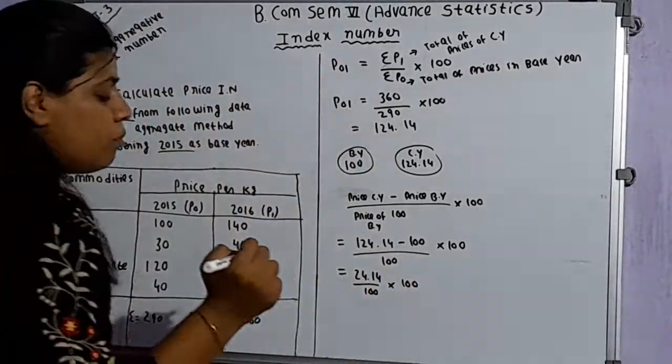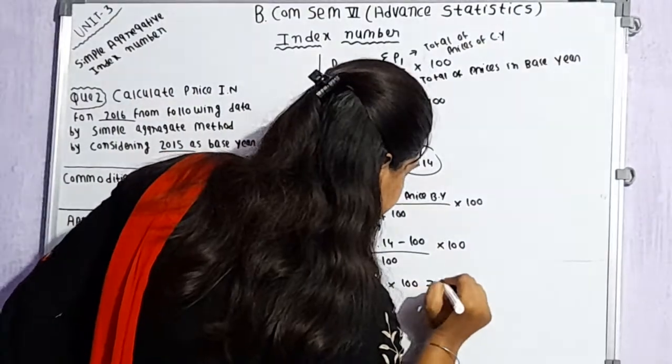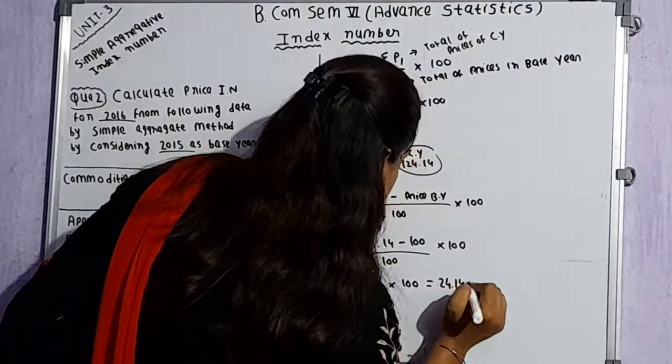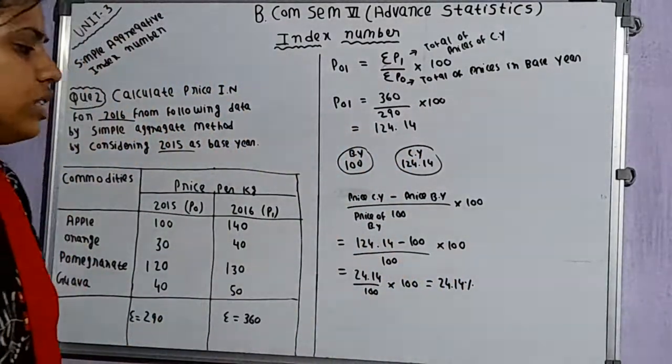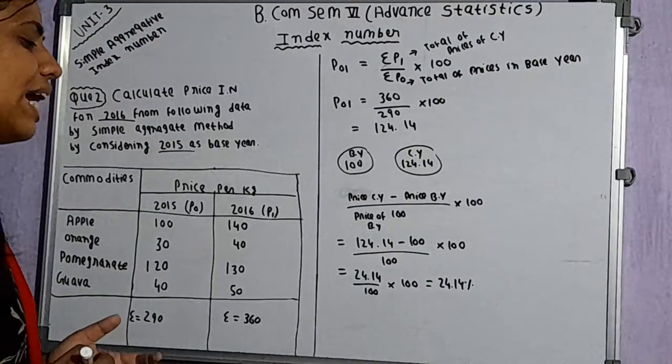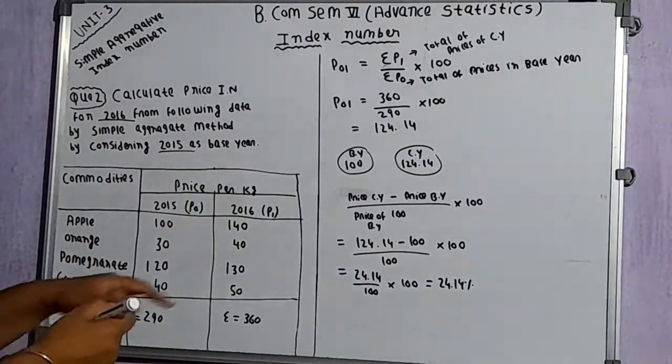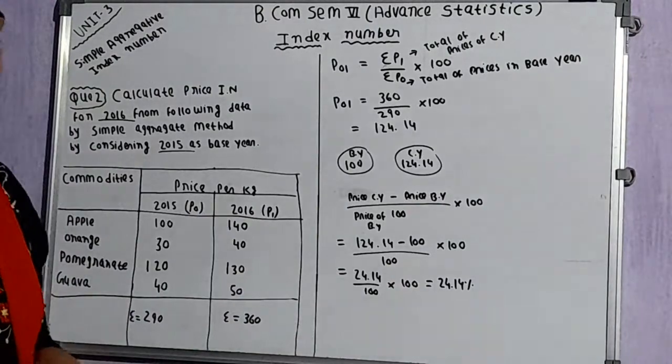When we simplify it, it becomes 24.14%. As it is positive, we conclude that the index number is increasing by 24.14%.